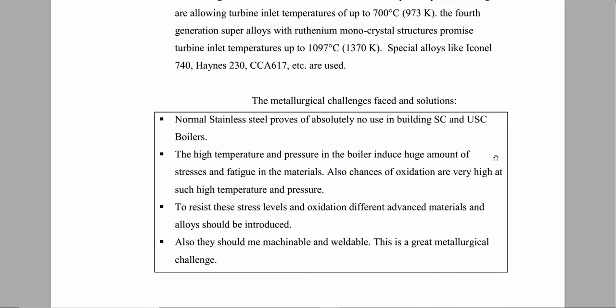The metallurgical challenges faced and solutions. Normal stainless steel proves of absolutely no use in building HC and USC boilers. The high temperature and pressure in the boiler induce huge amounts of stress and fatigue in the material.